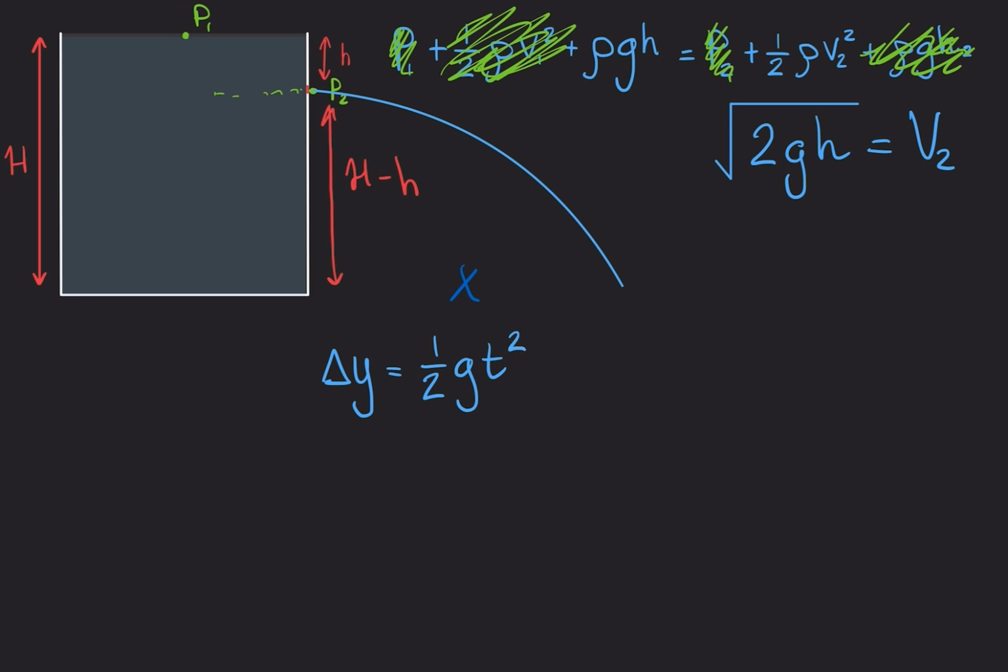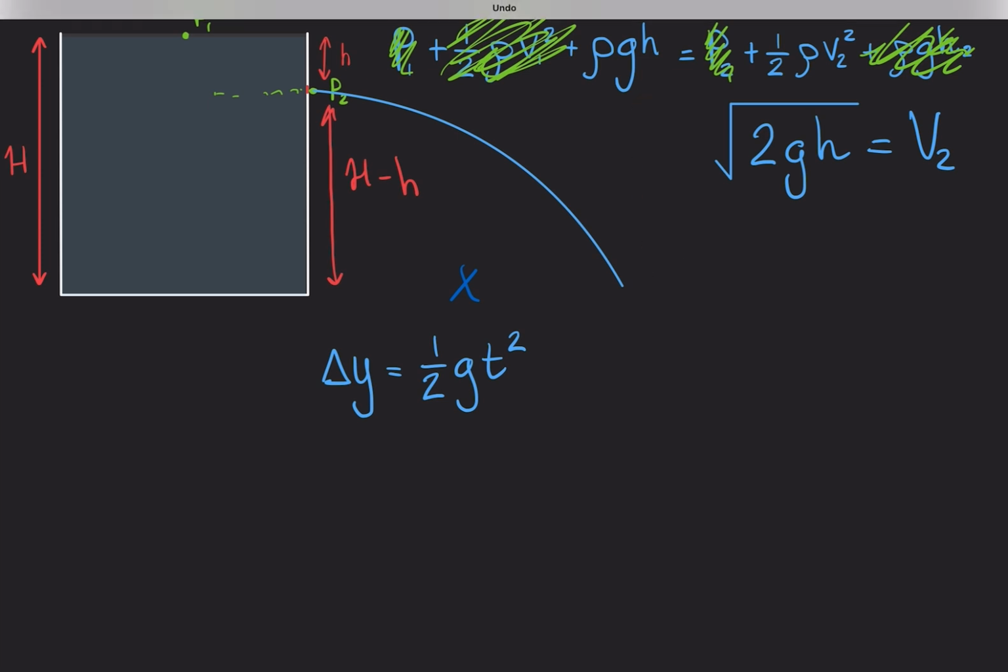And I use this equation because here what's going to happen is that our acceleration is due to gravity. And we're assuming there's no air resistance or friction. And so we're going to assume that the x velocity, what we figured out before, is going to stay the same throughout the whole trajectory. And so the thing that's going to limit this water's trajectory is the fact that it's eventually going to hit the floor.